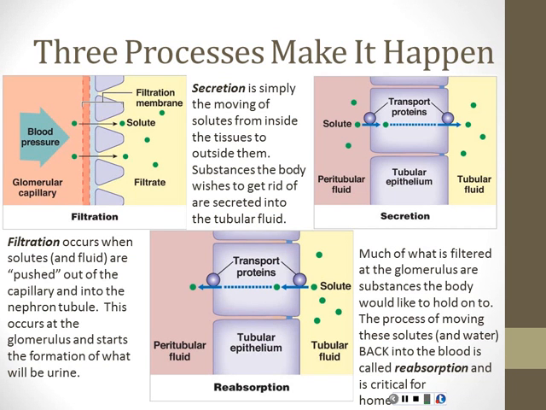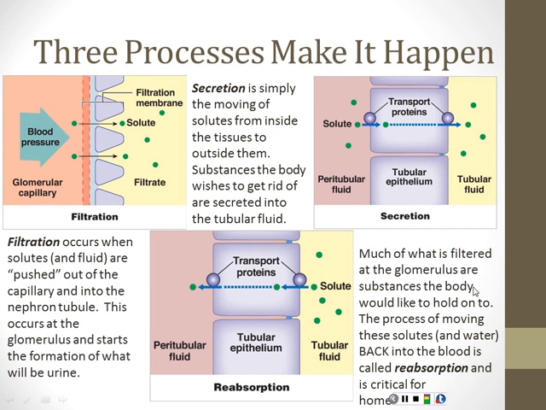So water comes out here, but then gets reabsorbed here. So reabsorption is taking back into the blood the substances that are worth salvaging. So things like glucose, things like water, sodium, potassium, those kinds of things that we can use. All right, so those are the three processes.